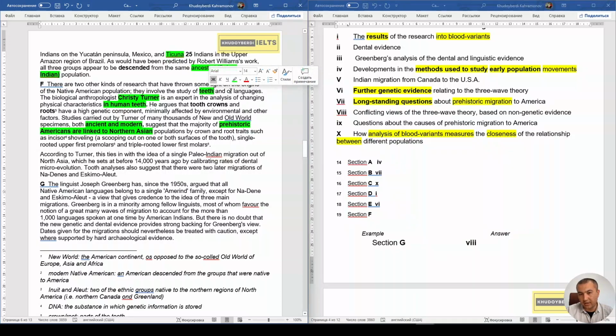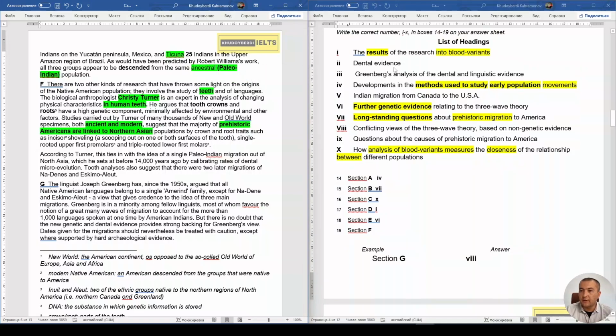And here we have 2 types of questions which can be somewhat of a dilemma, because here the words dental evidence and dental and linguistic evidence. The word of language doesn't mean linguistic evidence. It's talking about teeth, right? And that's why the answer should be 2.